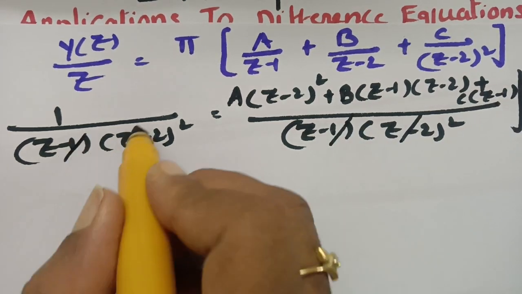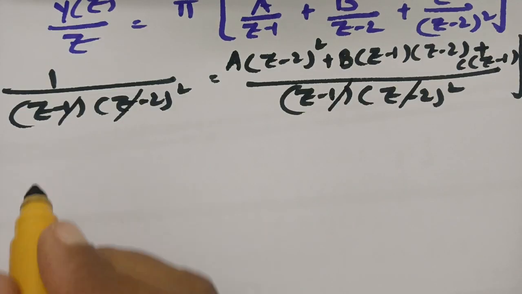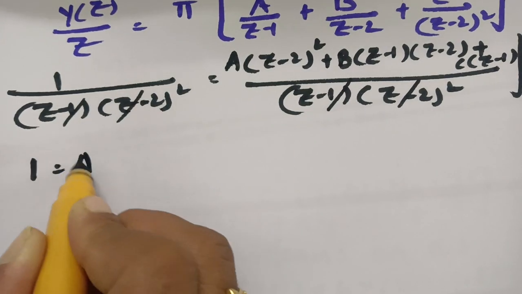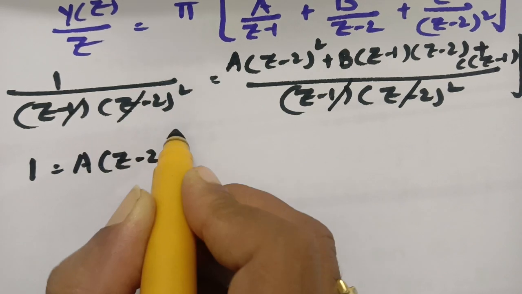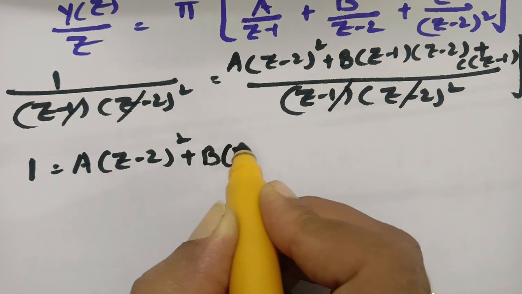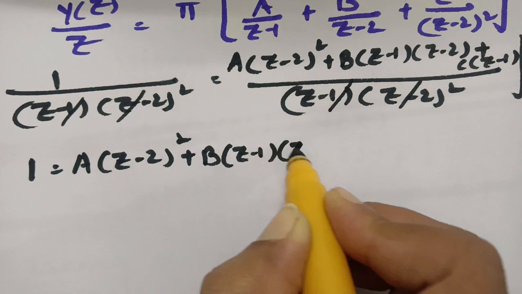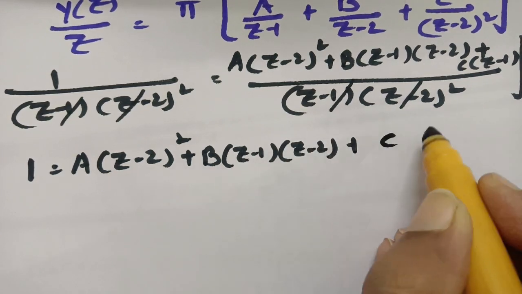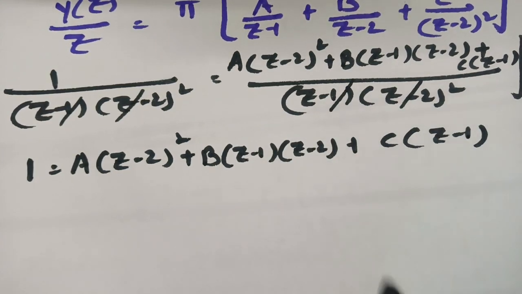Now if I cancel the denominators, what is the equation left? 1 = a(z-2)² + b(z-2)(z-1) + c(z-1).